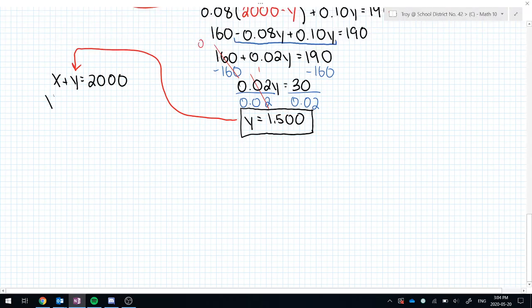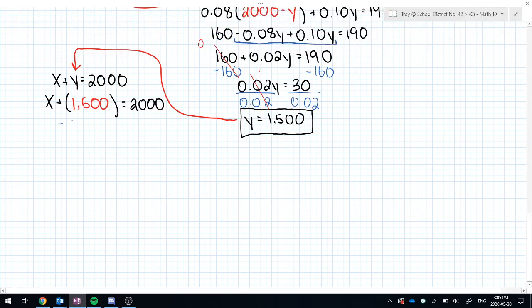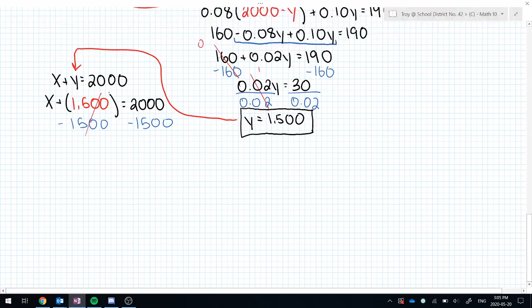So we have x plus $1,500 equals 2,000. So if it's x plus 1,500, if we want to get that x by itself, we need to subtract the 1,500 on both sides, of course. That cancels out. And we get the other half of our solution, which is x equals 500.